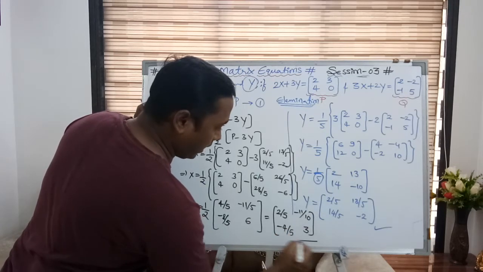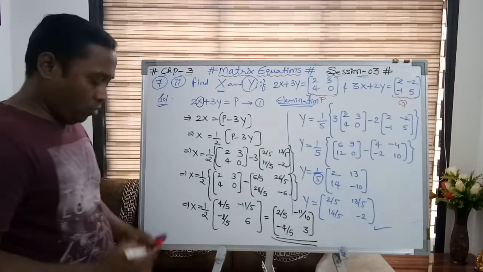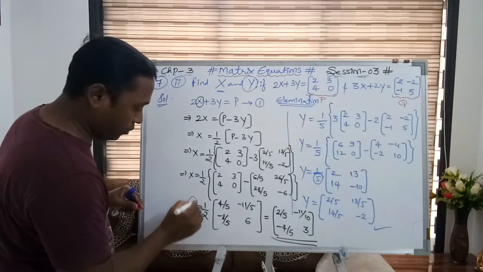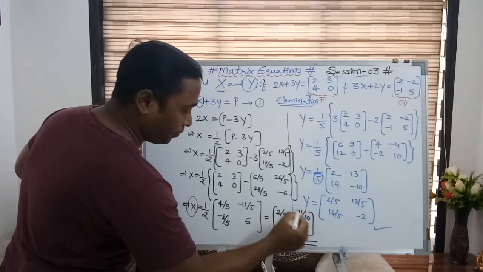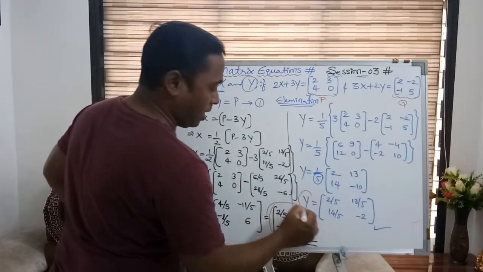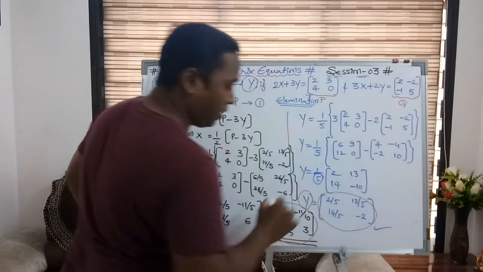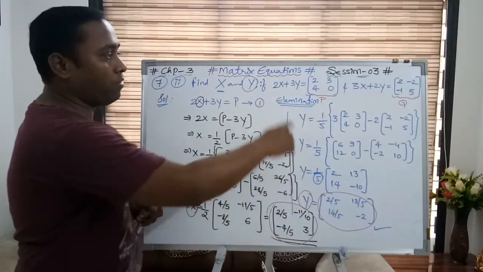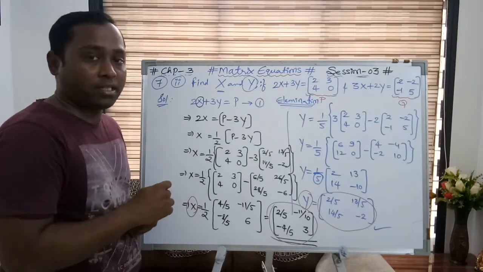So this is your x. So you got the value of x. Here see, the x matrix is this one, and y matrix is this. So you are able to find the x matrix and y matrix from the given matrix equations.